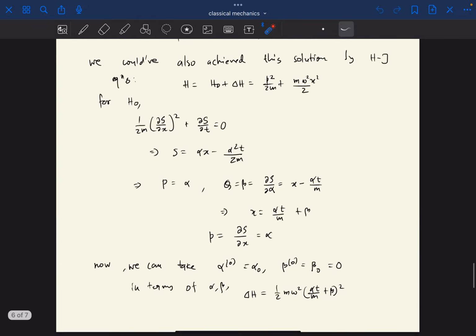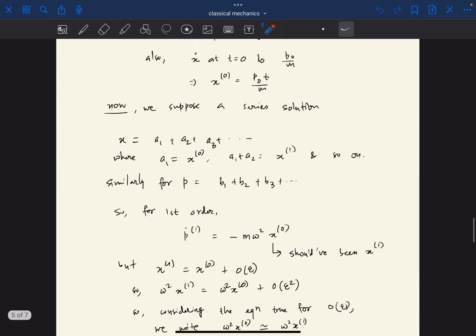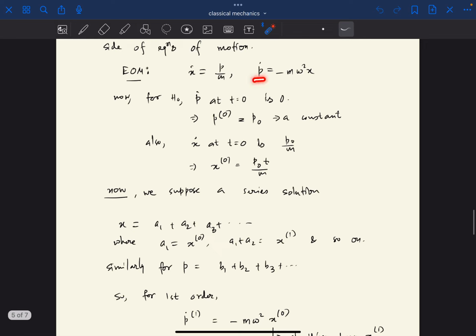Like it was in the previous case where we had omega square for the solution of p dot. So for first order we considered zeroth order here, and for second order we considered first order here, and so on. But there, since there was no omega square here, we could consider the first order here, and so on.